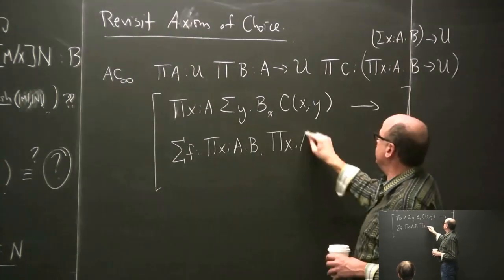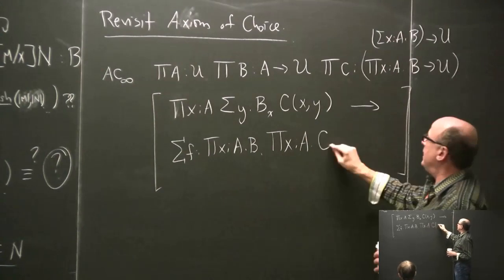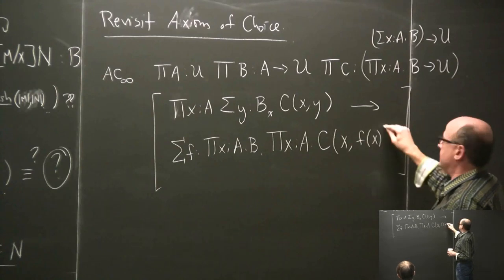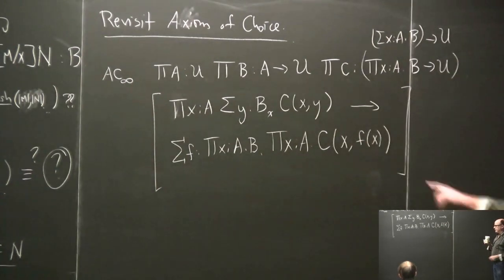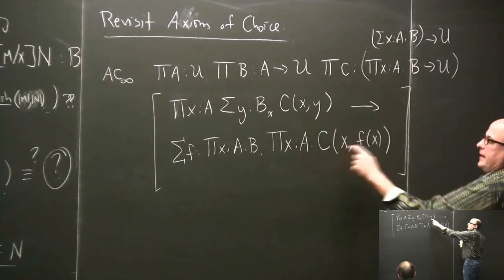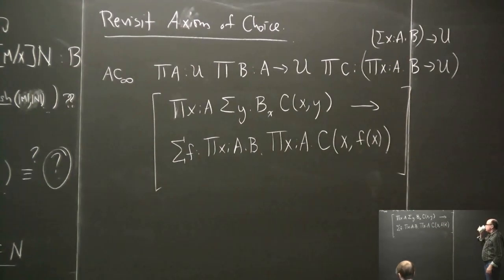It says if you tell me which domain element you're interested in, I will give you a witness to the fact that C holds for that particular element. If C is total, I will pick out a witness of the totality. Okay, so that's what we did.